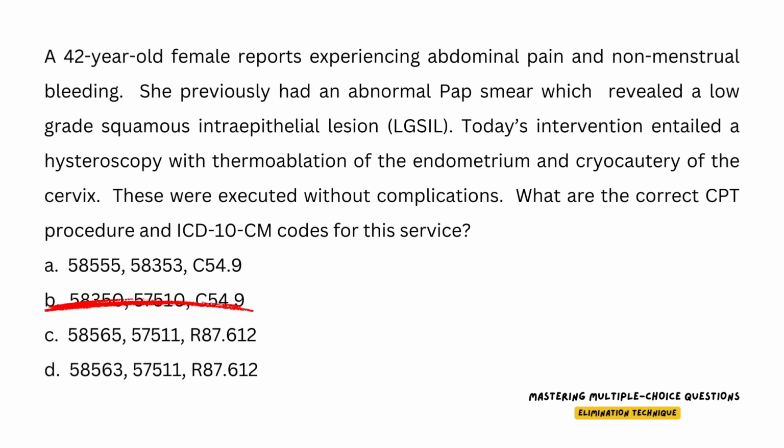Among the remaining choices, letter A with 58555 reports a diagnostic hysteroscopy. The other two choices, C and D, have surgical hysteroscopies as their first code. A diagnostic hysteroscopy, like all diagnostic examinations, is performed to know or confirm the exact condition affecting the patient.